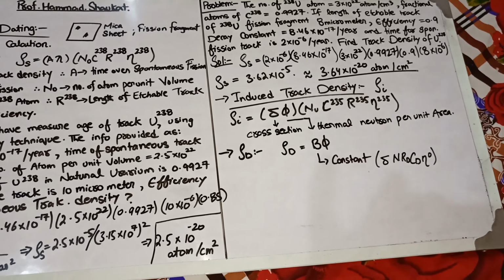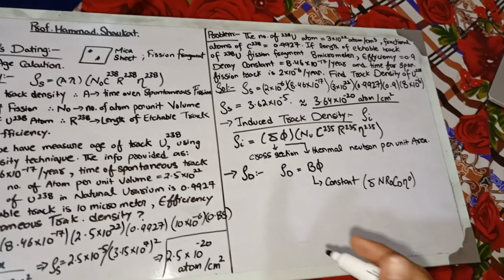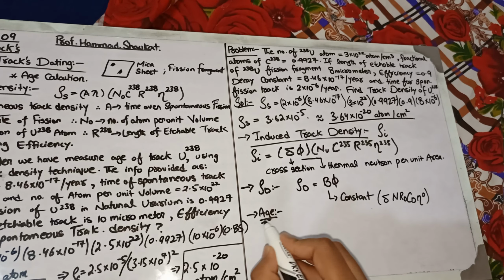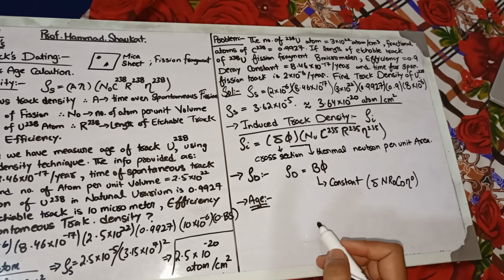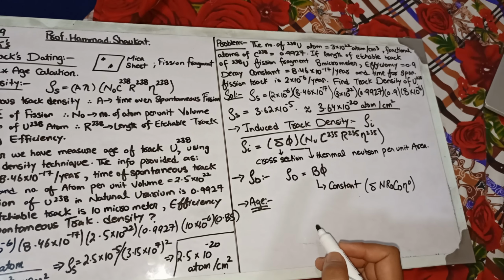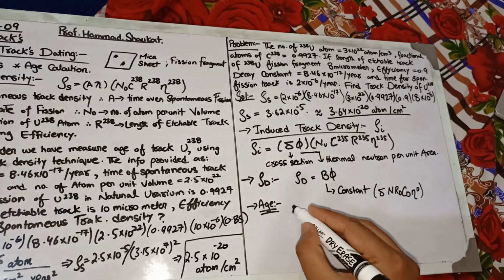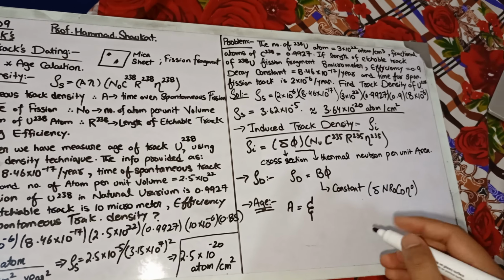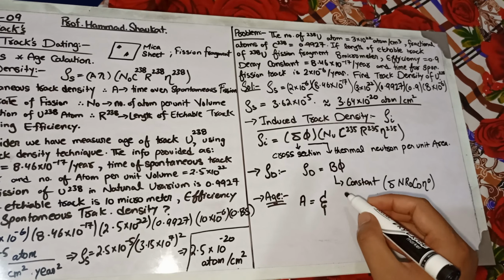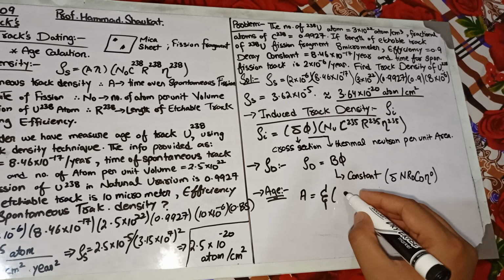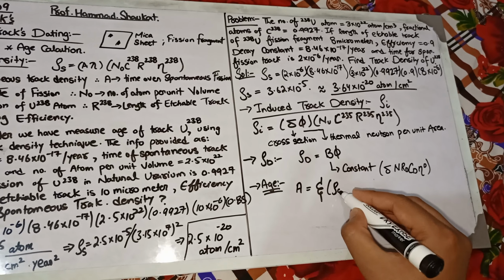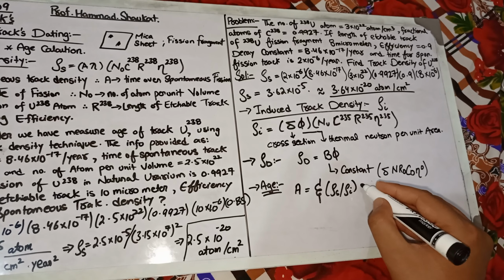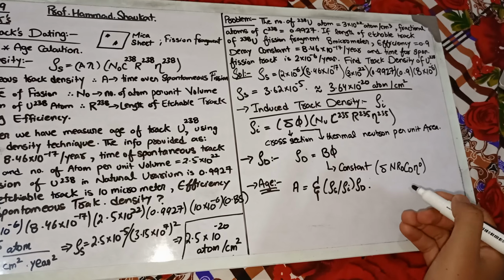After combining all these equations, we get the age in terms of three track densities and a constant, and the value of that age is equal to this, summation, multiplied by rho s divided by rho I, multiplied by rho d.